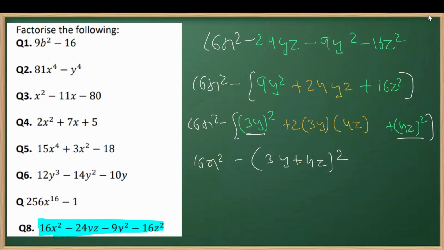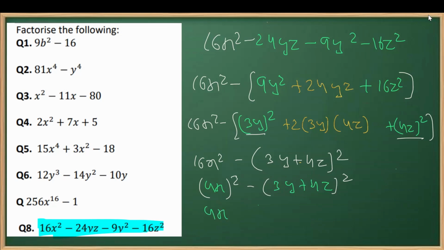But that's not the end of the sum. We can see that it can further be factorized. I can write 16x square as 4x whole square, and the other is also already a square term, so it should be written as it is. Now, considering 4x as a and the other as b, we can write this as a plus b into a minus b.